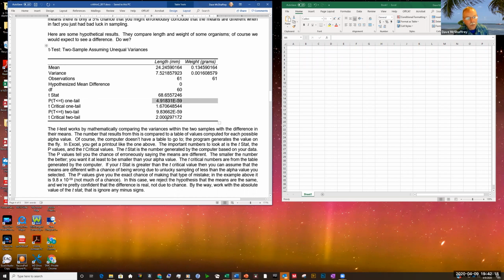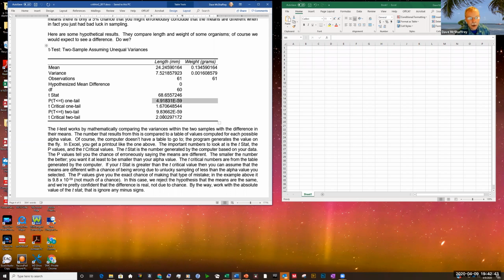Now, this one tail and two tail, you need to make a decision as to which of these you're going to use before you do the test. If you expect one or the other to be bigger, let's say you have two gardens and you're fertilizing one garden and you're weighing the fruit at the end of the summer to see which garden grew the most. You would expect the garden you fertilized to have a bigger weight.